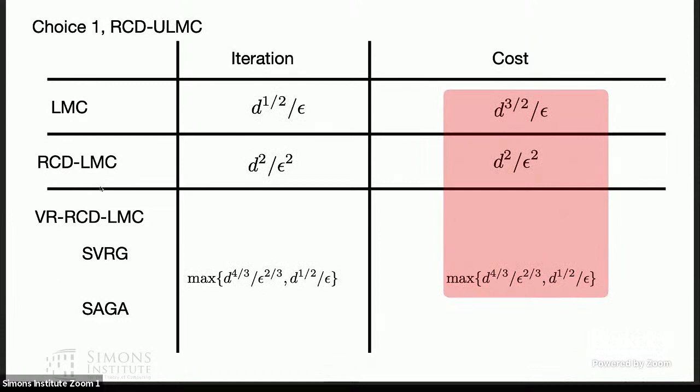For the underdamped, I particularly want to emphasize this term. When epsilon is very small, this term dominates, and you are basically looking at the cost. The cost of underdamped Langevin Monte Carlo is d square root. Although we cannot show the optimality, it's very hard to imagine that you can improve.